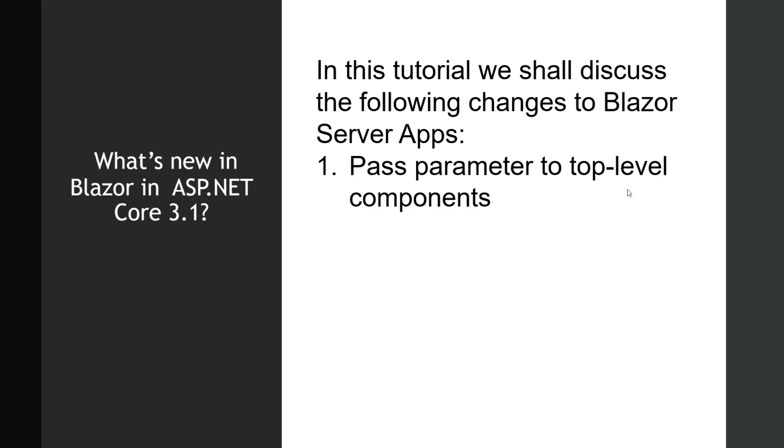The first feature is the ability to pass parameters to top level components. The second one that you will study is default action prevention. Those who have come from a strong JavaScript background will know there is a default action prevention in JavaScript as well, but we will do it with Blazor in C#. So let's switch over to Visual Studio now.